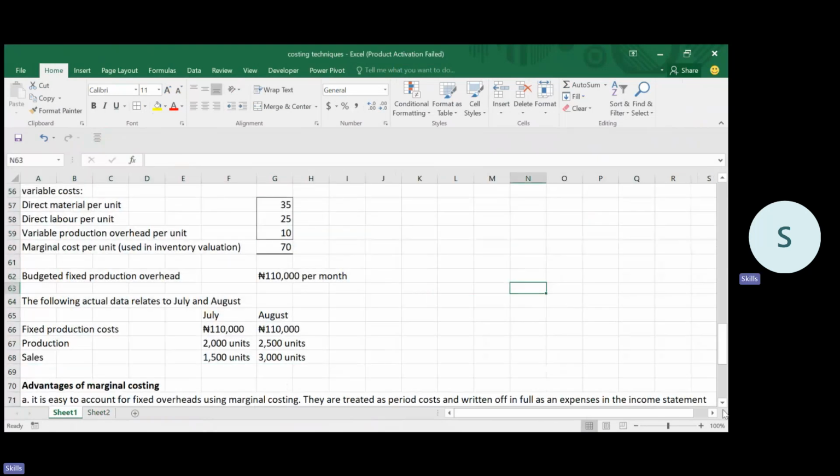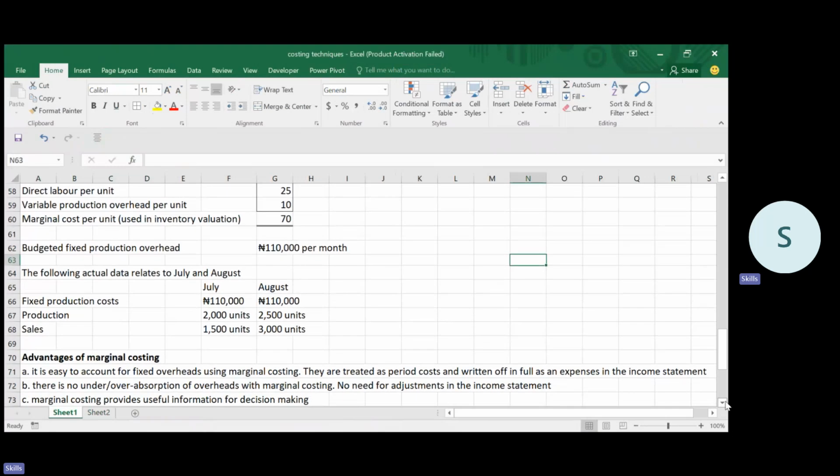So the next thing we are going to look at is the advantages of marginal costing. What are the advantages of marginal costing? One of the advantages is it is easy to account for fixed overhead using marginal costing.